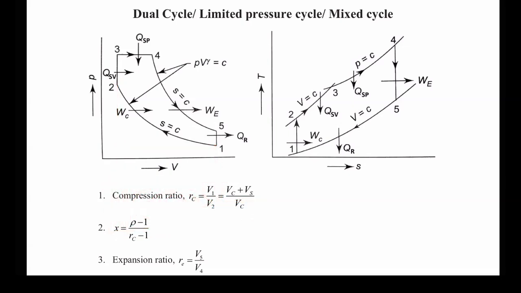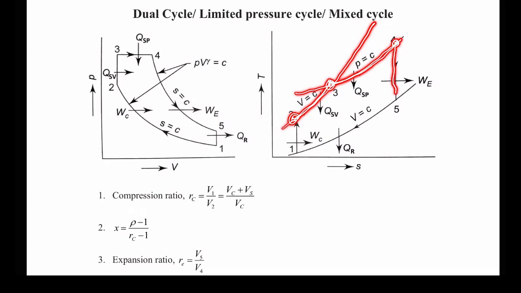Then if you observe the TS diagram, 1 to 2, here you can see entropy remains constant, so it is isentropic compression. When it is isentropic compression, temperature increases because of compression, but entropy remains constant. Here you just observe the constant volume curve is steeper, and the constant pressure curve is less steep. So first we have constant volume heat addition, and then we have constant pressure heat addition.